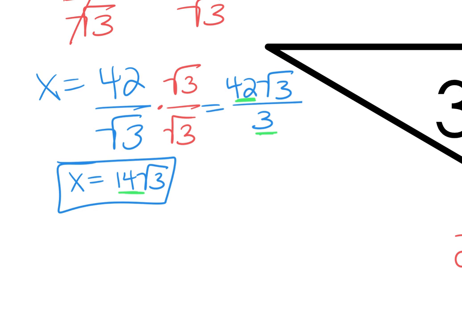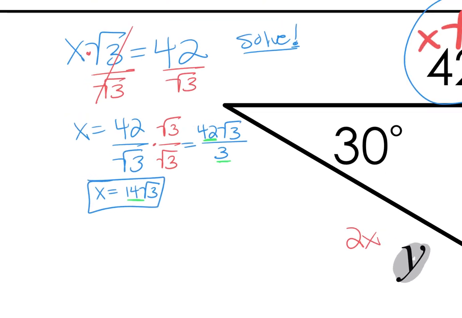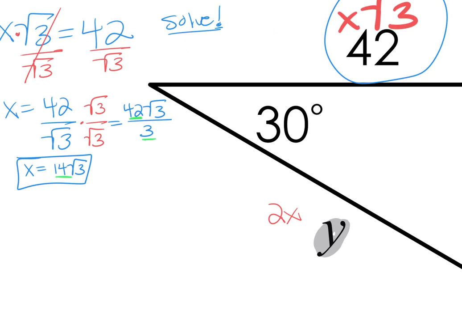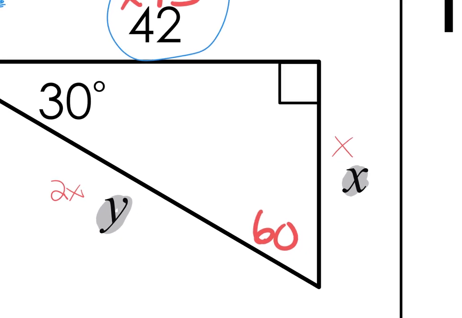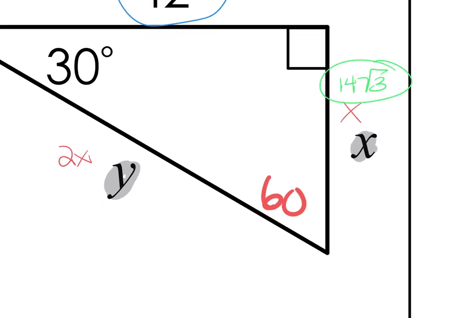So that right there, you guys, is the ratio for x of my triangle. I've got to go back now and see where I'm going to put that. So my side that was just x is going to be my 14 times the square root of 3. But the other side that's 2x, I have to plug that in. x is 14 square root of 3, so it's going to be 2 times 14 square root of 3.